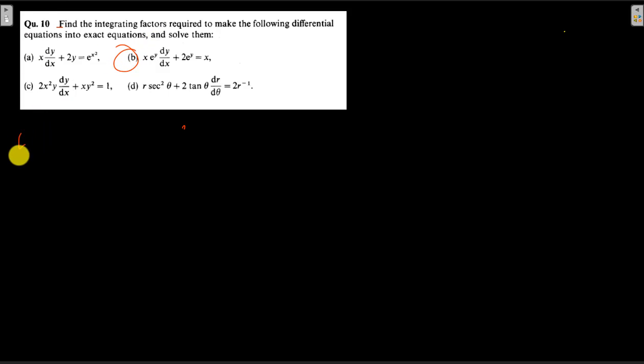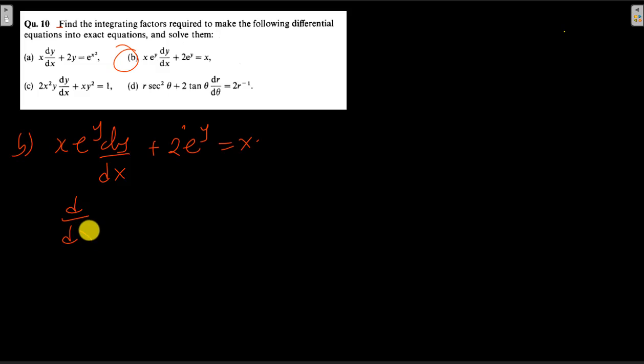Here we go. x exponent y, sorry, dy dx plus 2 exponent y is going to be equal to x. Okay, so let's try to guess what this left hand side can be summarized into as an exact differential.